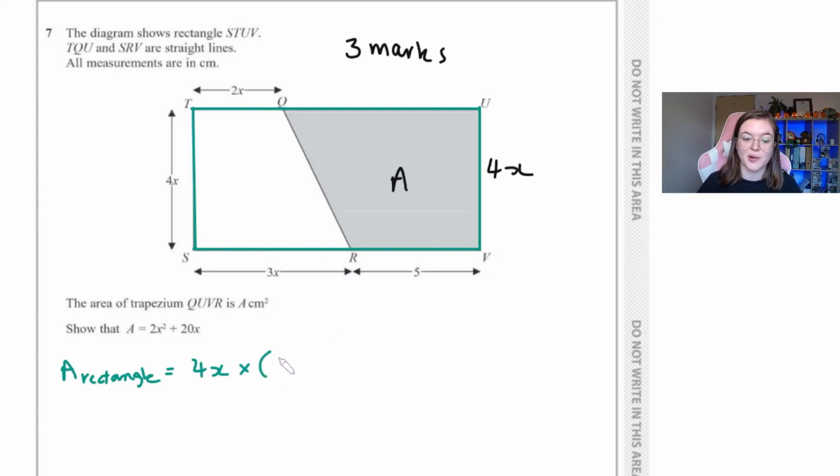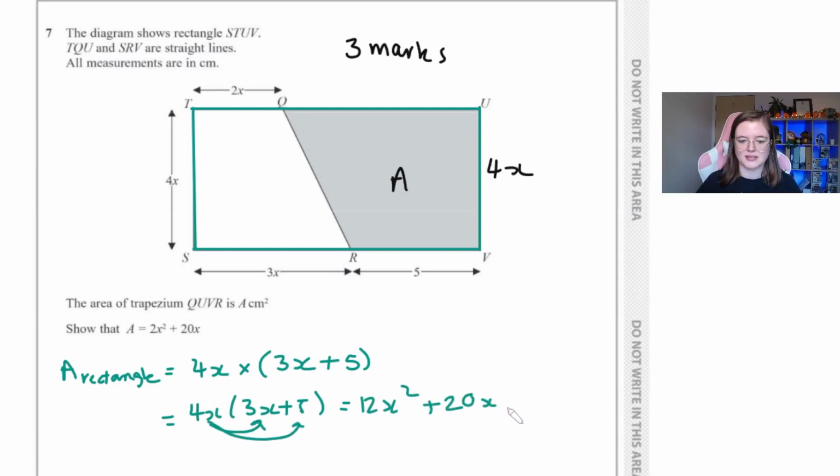Remember, that needs to go in a bracket, because 4x is multiplied by all of this, not just the 3x and not just the 5. Then we can rewrite this as 4x lots of 3x plus 5, which, if we expand, gives 12x squared from this times this, then plus 20x.